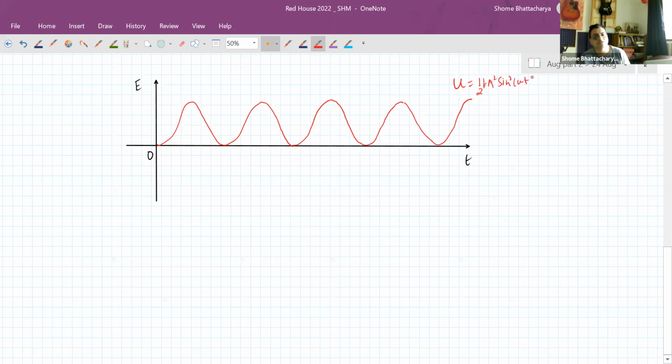Let's take the special case where phi is 0. Then correspondingly the kinetic energy will become a cos square omega t term.